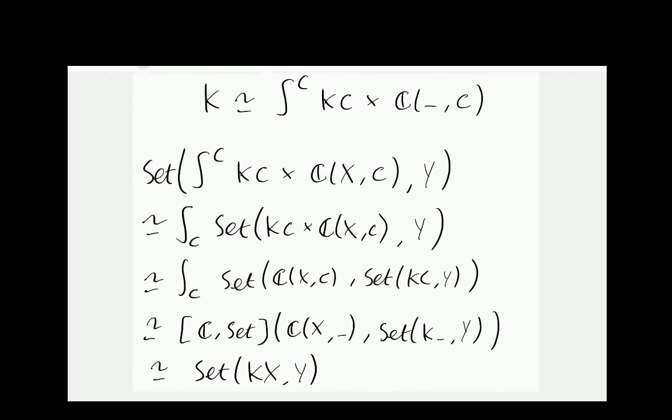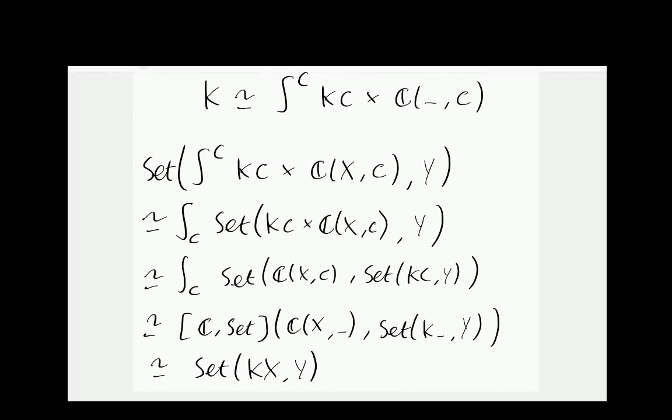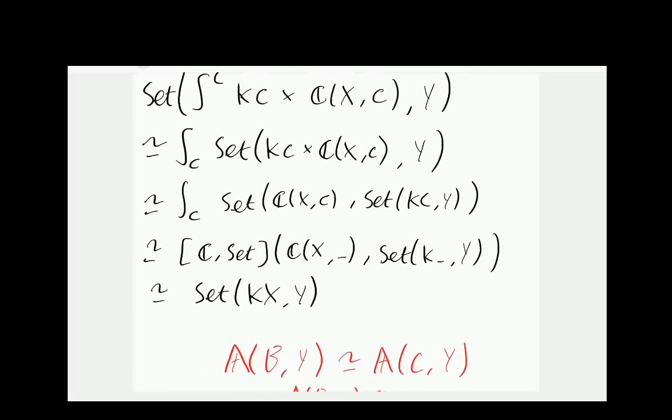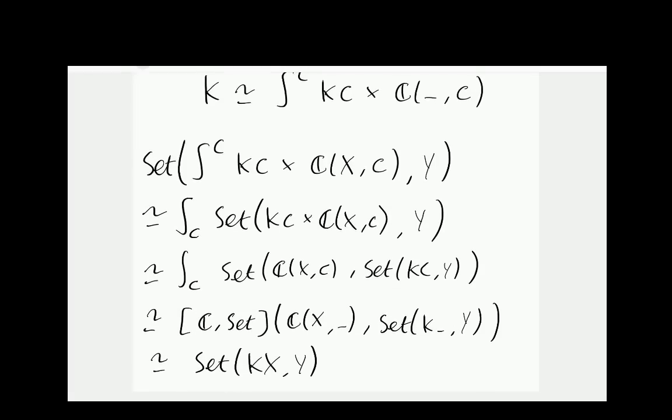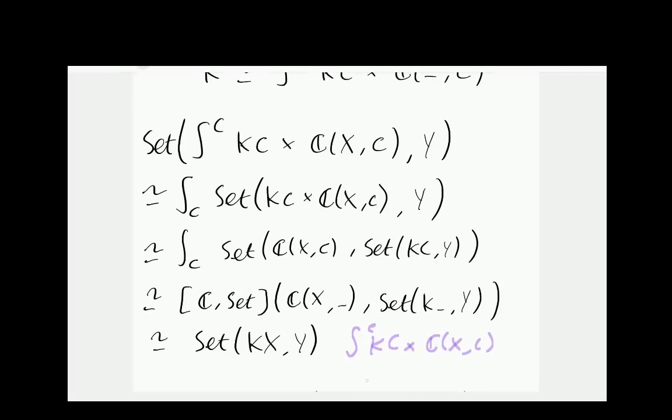Well, we're done because what we've shown here is that the set of functions from this to y is going to be naturally isomorphic to the set of functions from this to y. And this is going to be natural in y. And so that actually implies that this end here, the end over c of K c times C(x, c), is going to be naturally isomorphic to K of x.